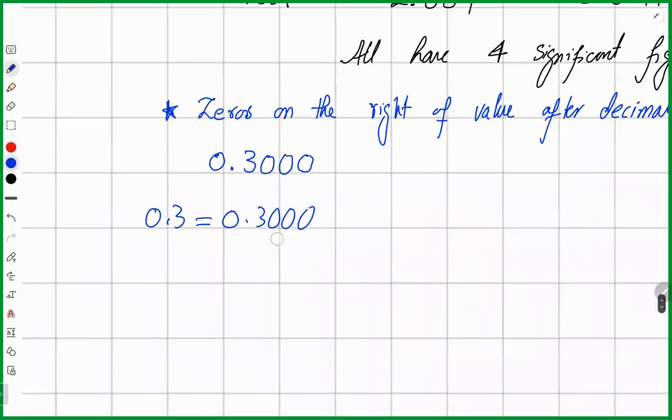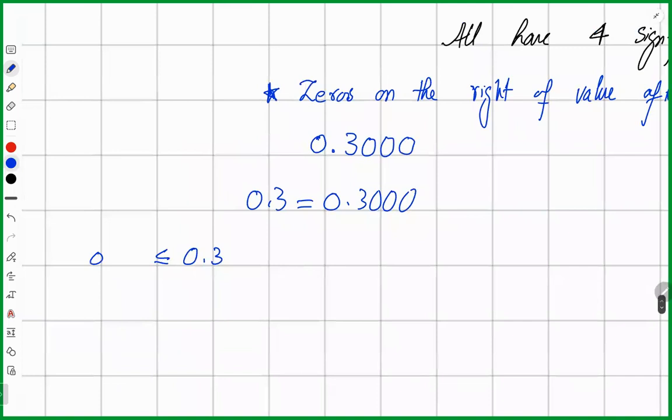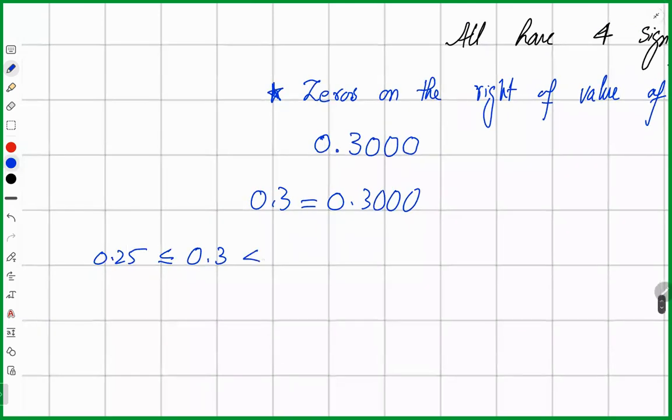For example, 0.3 can be any number between 0.25 and 0.35, whereas 0.300 can be any number between 0.29995 to 0.30005.